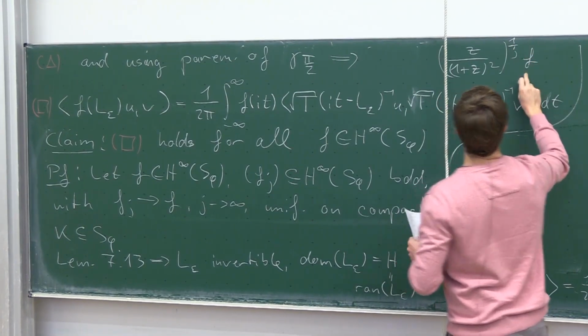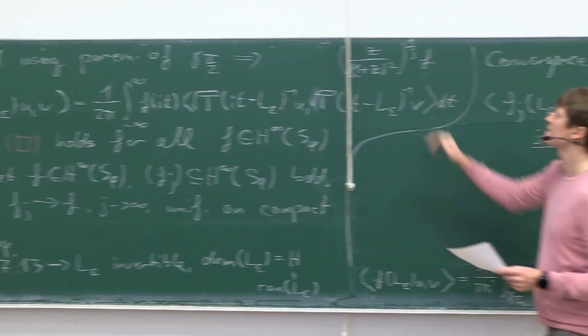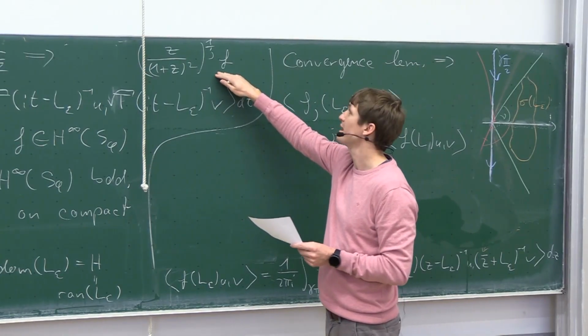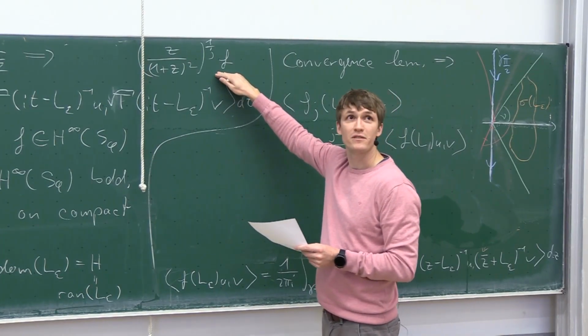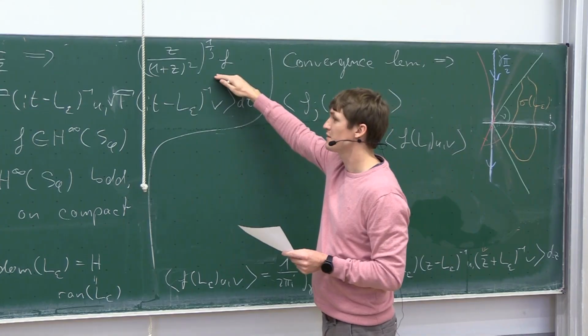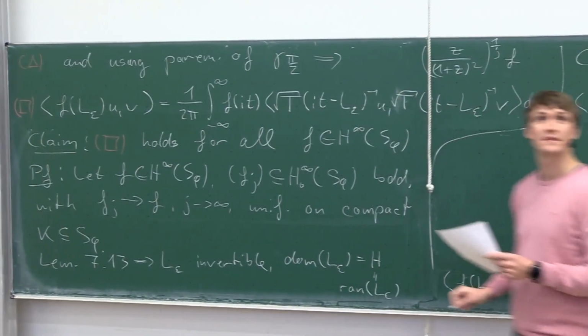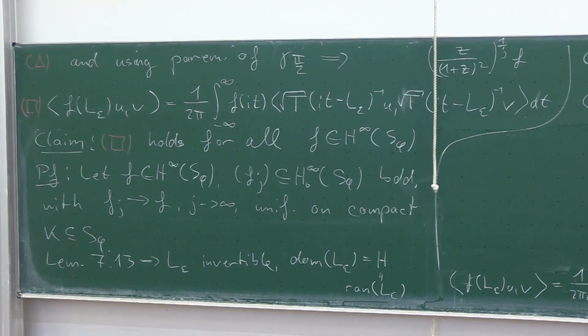So if we consider this function, this is a sequence of functions which approximates f uniformly on compact subsets, and each of these functions is even contained in H_0 infinity. And on H_0 infinity, we have our identity square.